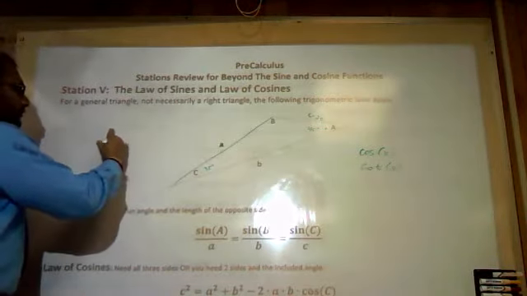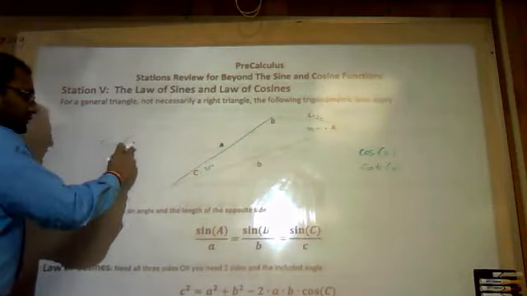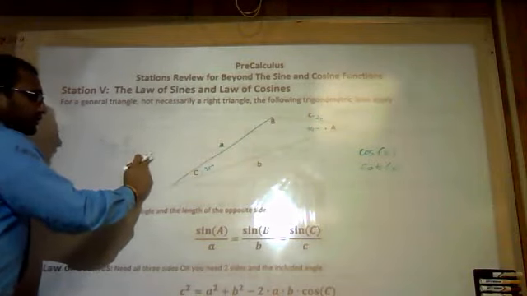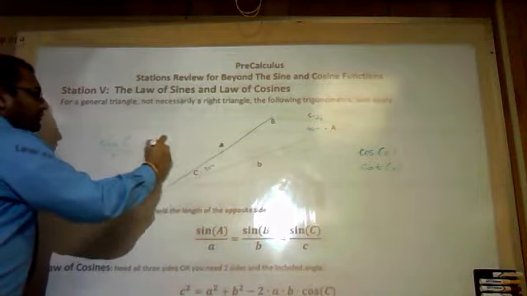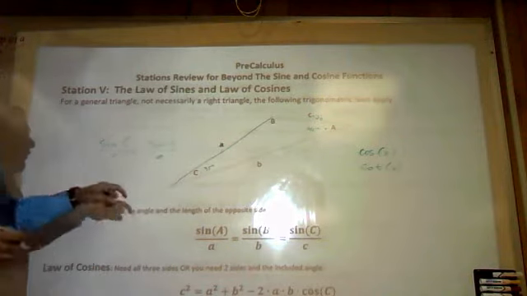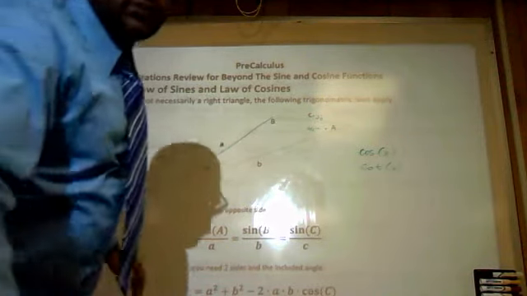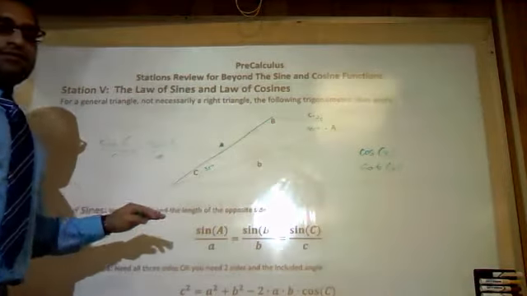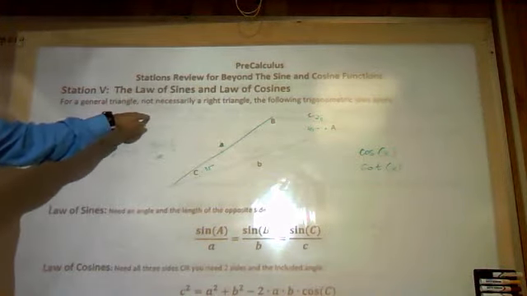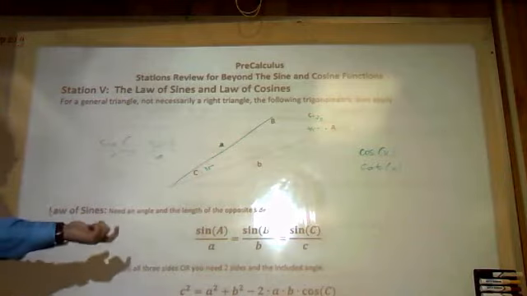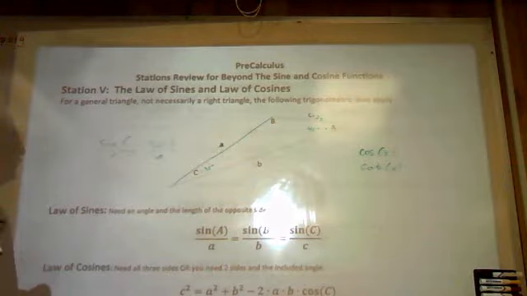How do I do that? Well, I say the sine of angle C divided by C is equal to the sine of angle A divided by A. We know that we use the law of sines and the law of cosines whenever we don't have right triangles. So we don't have right triangles, that's whenever we apply the law of sines and law of cosines.